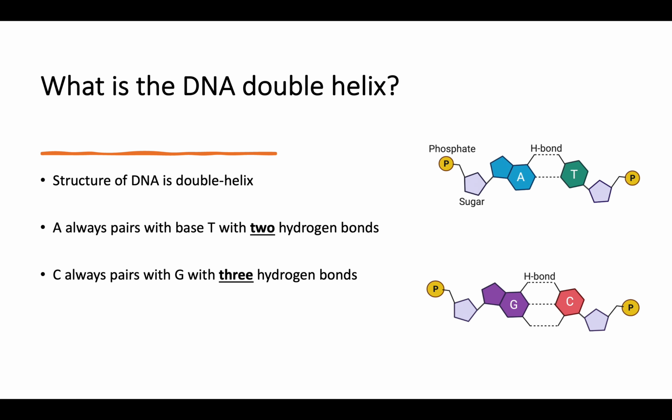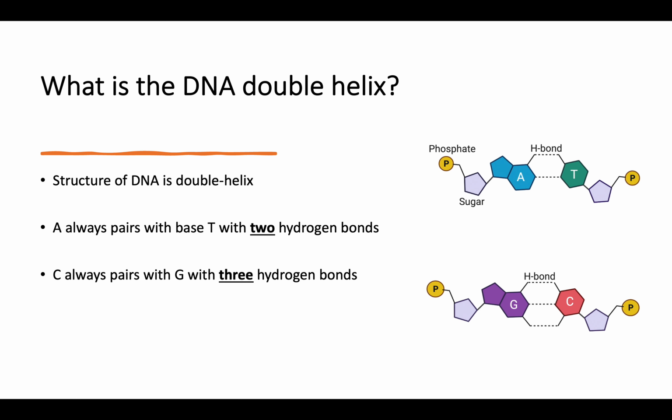So what is the DNA double helix then? Well, double helix is the term used to describe the structure of DNA. Why? Because DNA looks much like a twisted ladder. Each rung of the ladder is made up of two nitrogen bases paired together by hydrogen bonds.